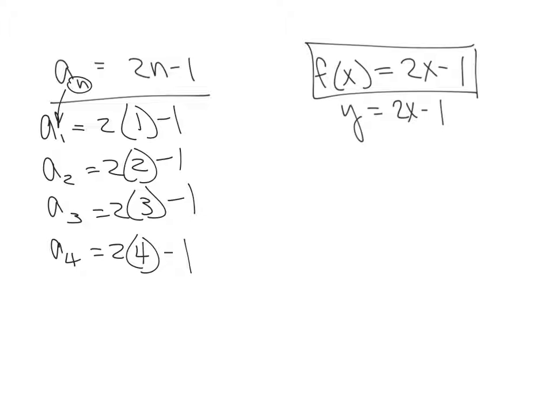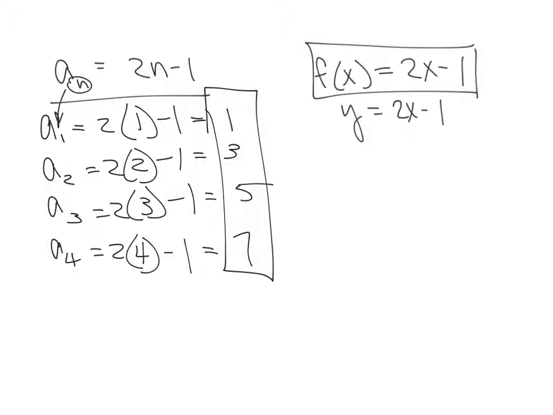Okay? So that gives me 2 minus 1 is 1, 4 minus 3, 6, 5, 8, 7. Okay, so there are the first 4 terms of the sequence with the equation a of n equals 2n minus 1.